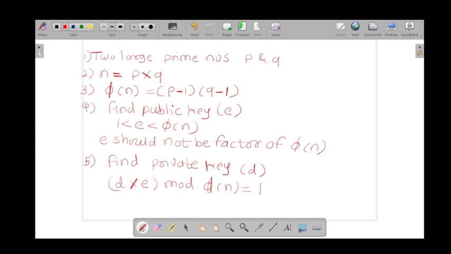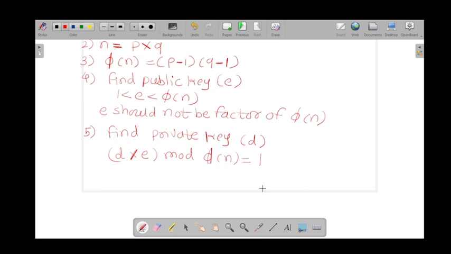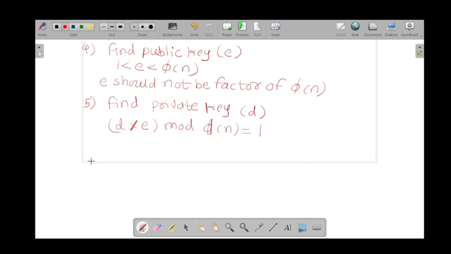These are the 5 steps we follow to identify the values of D and E.